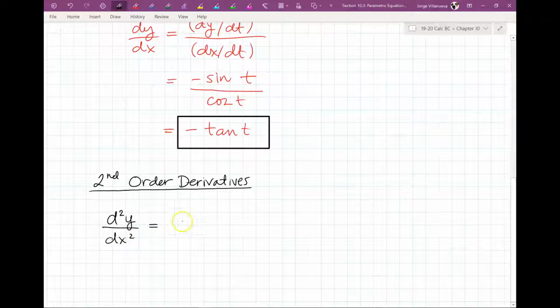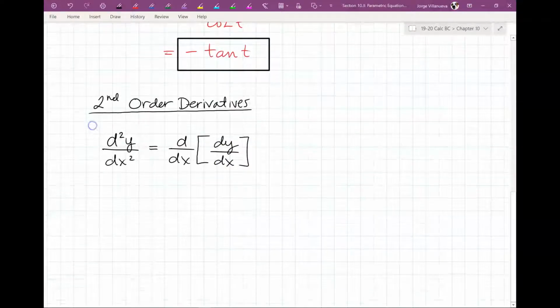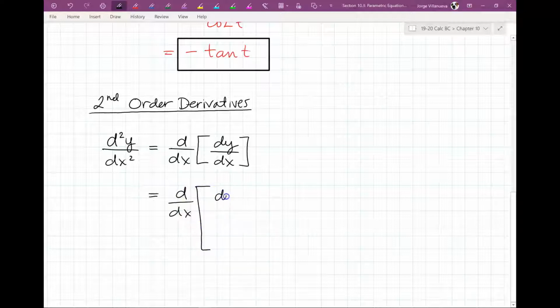What that basically means is to take a derivative of a derivative, right? That's what that means, to take a derivative of a derivative, right? Well, the derivative of dy dt over dx dt, because that's the definition of it, right?